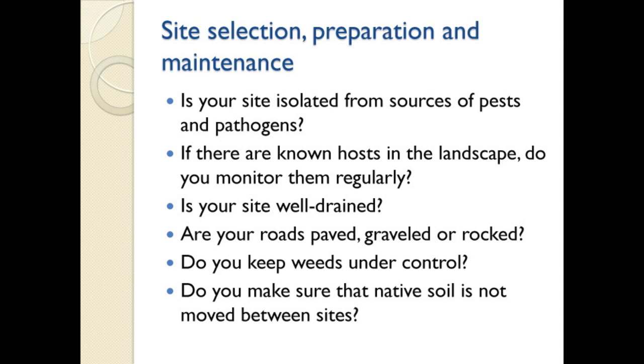Is your site isolated from pests and pathogens, or are you surrounded by them? If there are known hosts in the landscape, do you check them regularly? Make sure they're not showing any disease or pest problems. Is your site well drained? Are your roads paved and graveled or rocked? Do you keep weeds under control? You make sure that native soil is not moved between sites.